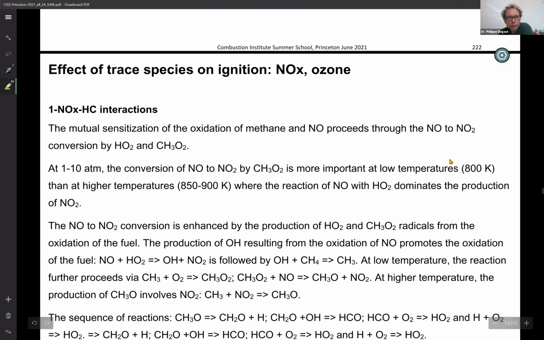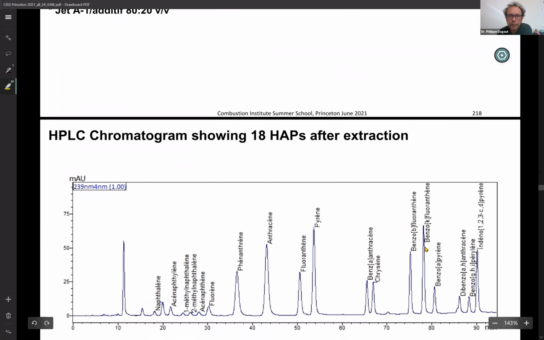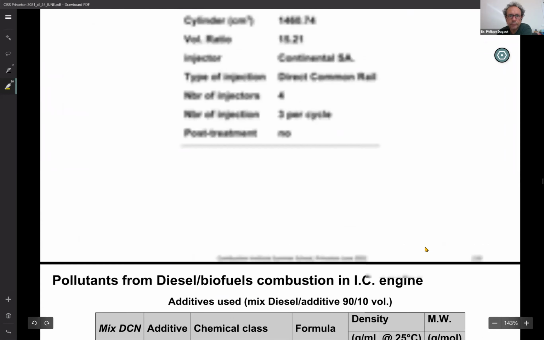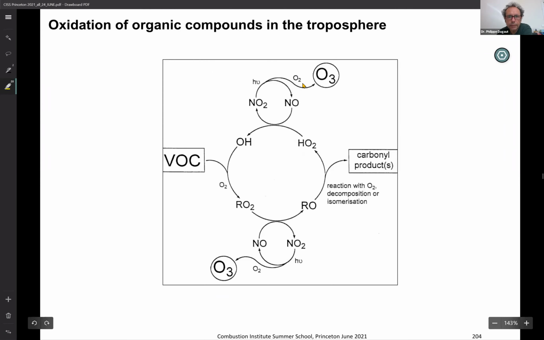We looked also at another type of interaction between NOx and HC, which is somehow closely related to what's going on in the atmosphere, if you remember what I presented earlier here.